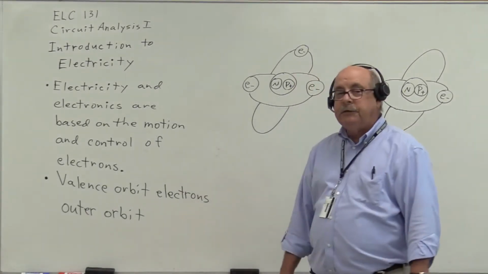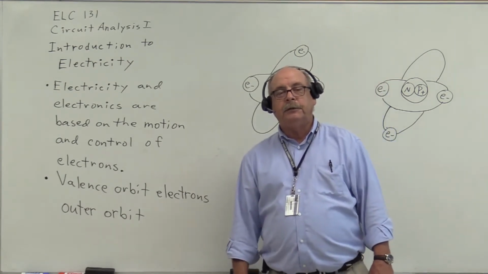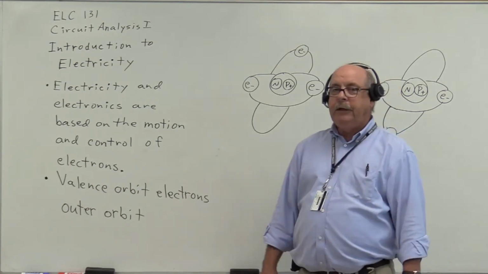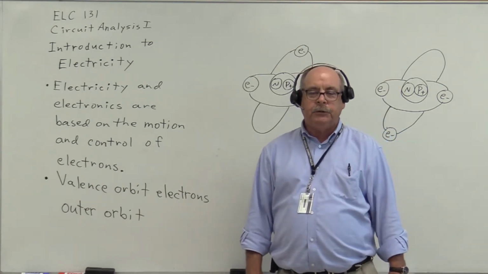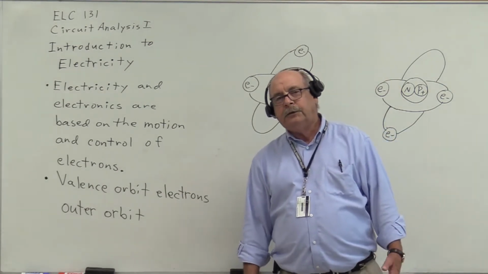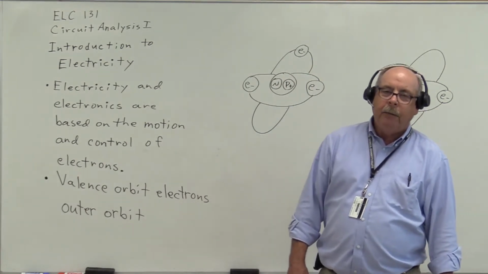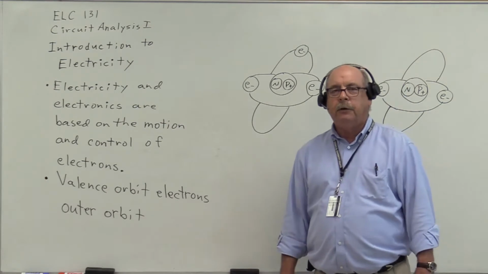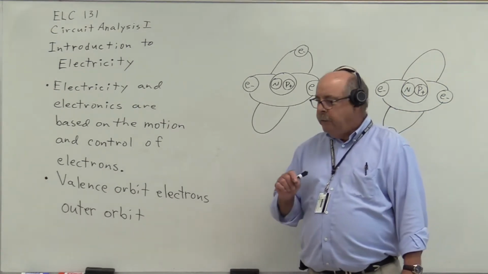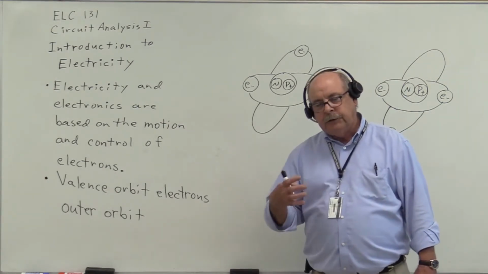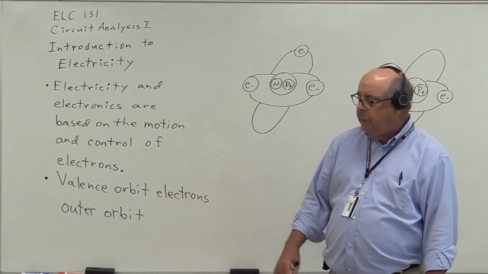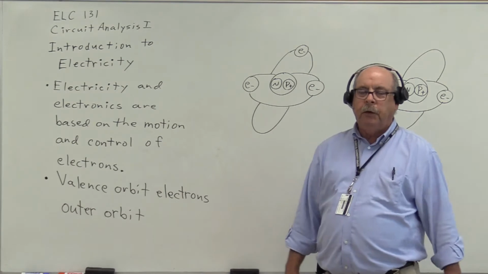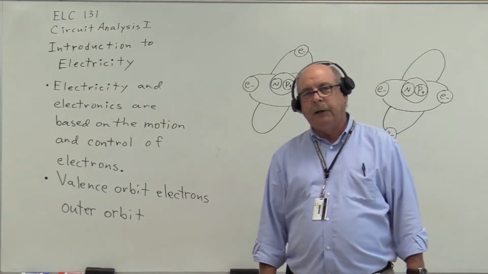So this is ELC 131, Circuit Analysis 1, and the topic is the introduction to electricity. Now, electricity and electronics are based on the motion and control of electrons. With the exception of our discussions on electromagnetism, we are generally concerned with the motion and control of the valence orbit electrons.